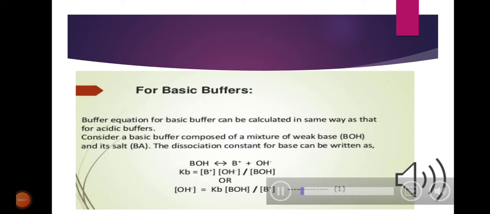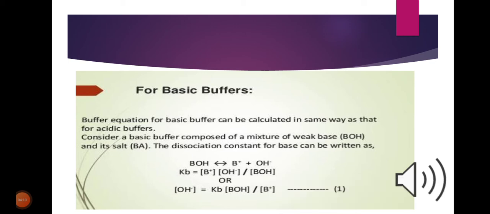And what are basic buffers? Basic buffers are buffers composed of a mixture of a weak base and its salt. Here they have given the dissociation constant for the base. Consider a weak base BOH, which dissociates to give B+ and OH-.